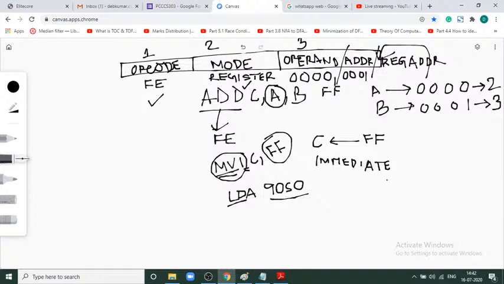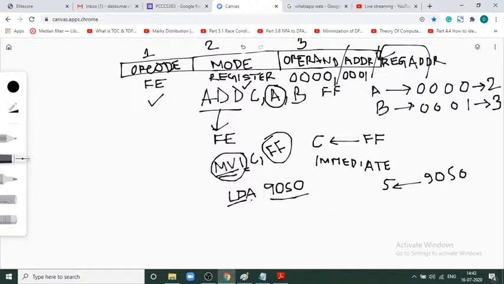Suppose at 9050 data value 5 is stored. So we are loading the data value 5 from memory location 9050 to accumulator.